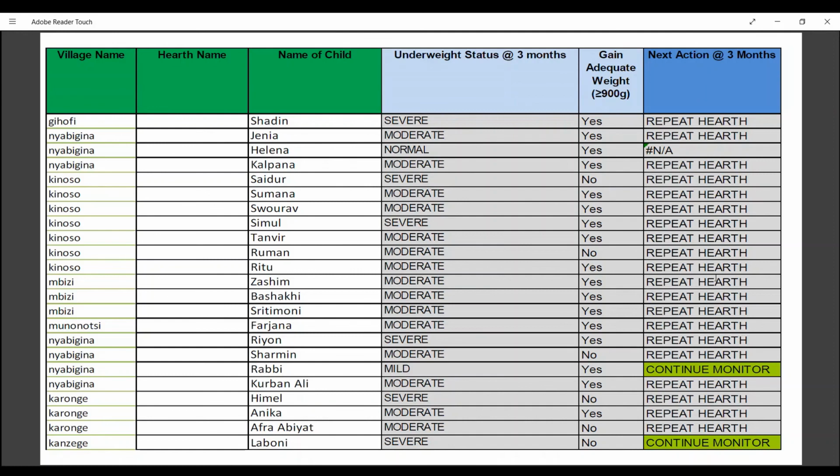Only by continuing learning, revisiting, and providing monitoring and follow-up visits, you will be able to identify most of the challenging practices and work with the mothers and volunteers to overcome them.